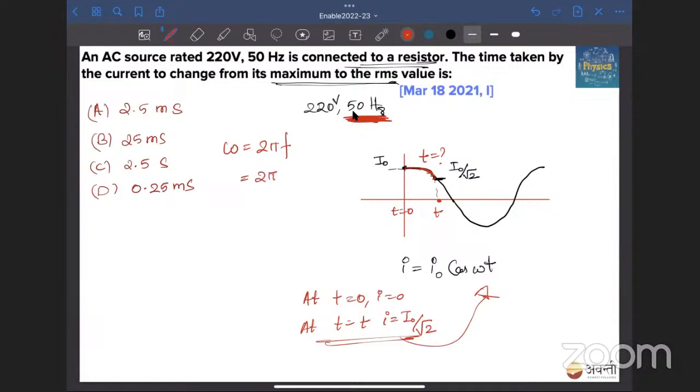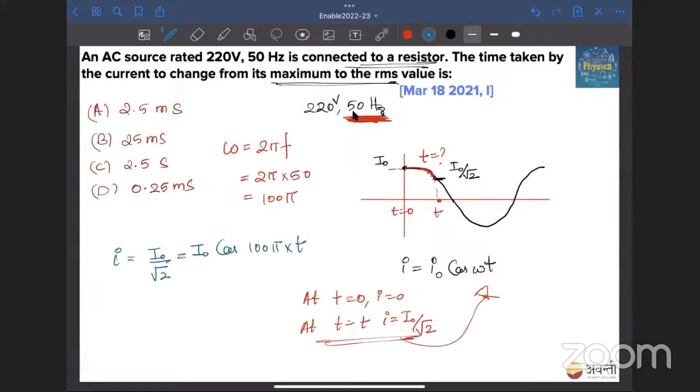Sir, why are you calculating omega? Arey, we have to put omega here. So 2 pi into f, which is 50, gives 100 pi. So let's put all these values. I, which is I naught by root 2, is equal to the maximum I naught cos of omega, which is 100 pi, into time.